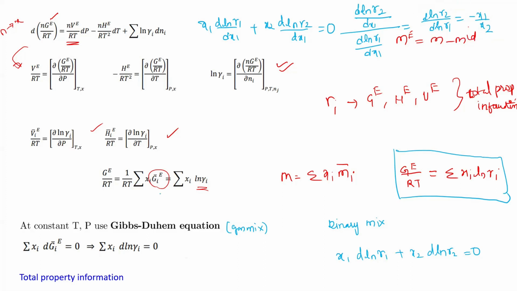So if we know the slopes of the two graphs, if I draw gamma 1 versus x1 and gamma 2 versus x2, then I will have the slopes here, right? That I can interpret, and if I have one of them, then I can find out the other one. That is what I'm saying here. Okay, is it all clear?